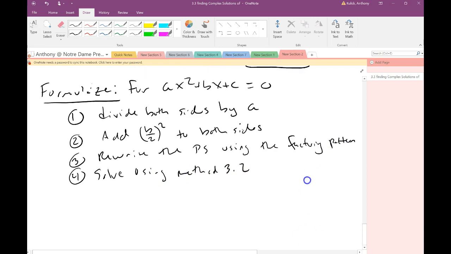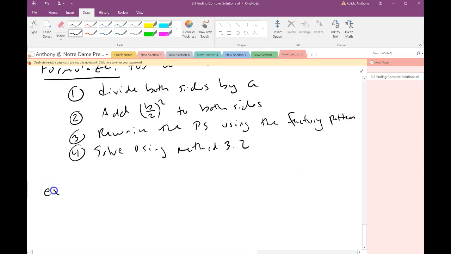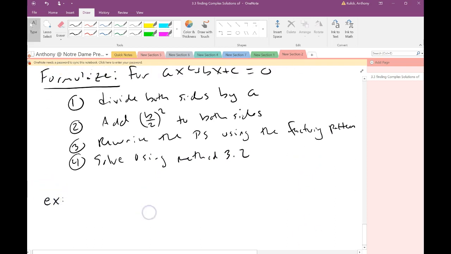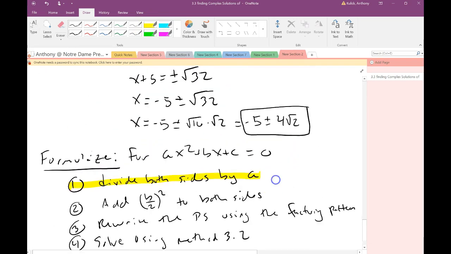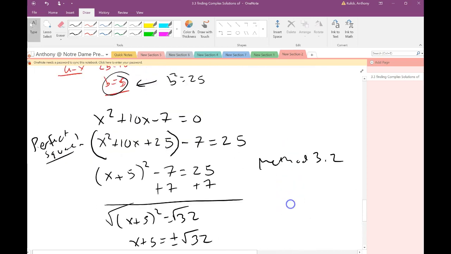So, let's do this as an example. Notice that this first step seems like a new one. The reason is that if I look at the problem I was given, our coefficient a was 1, so there was nothing really to do with that first step.